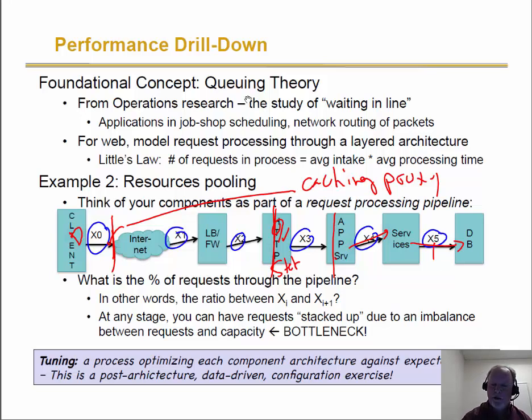So by the time I get to the percentage of requests, maybe if X0 is the total number of requests outside of my browser cache that were generated, maybe for every 1,000 requests, the number of database hits actually is something like 3. And maybe the number of dynamic requests out of my app server is only like 50, maybe 1 in every 20. I would want to understand that ratio when I do my capacity planning and I do my optimization.